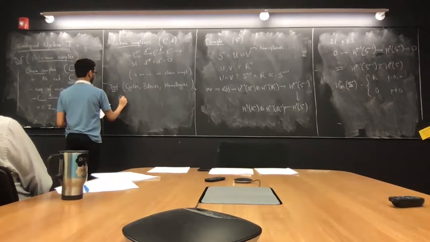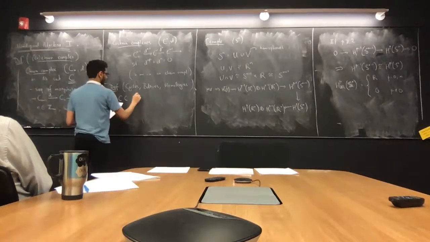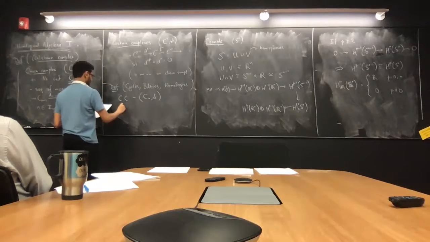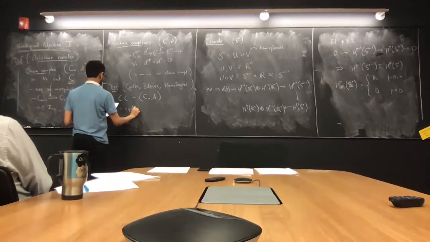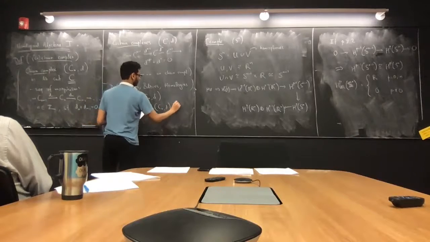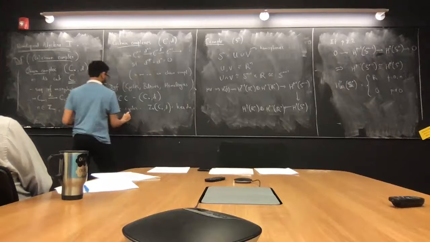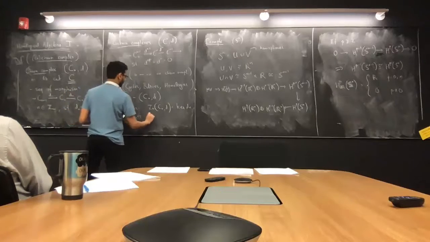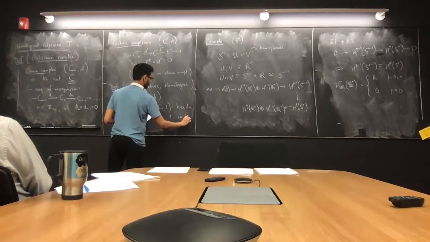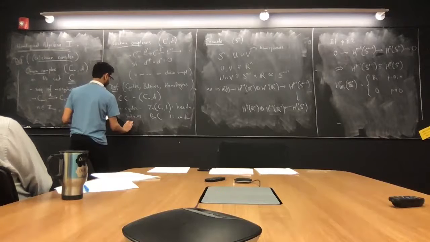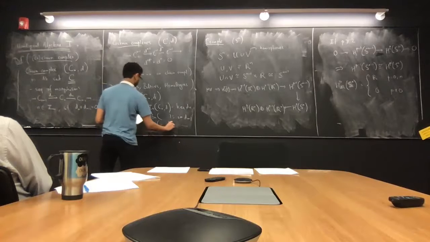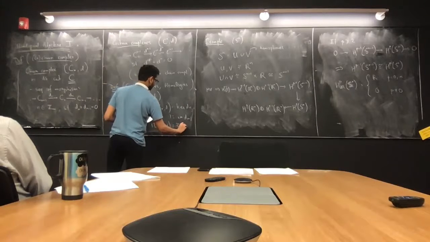So suppose we have a chain complex, which I'm going to write as C_•, d. The n-cycles are defined as Z_n(C_•, d) equal to the kernel of d_n, and boundaries are defined as B_n with the same arguments, equal to the image of d_{n+1}, and the nth homology group H_n(C_•, d) is equal to Z_n mod B_n.